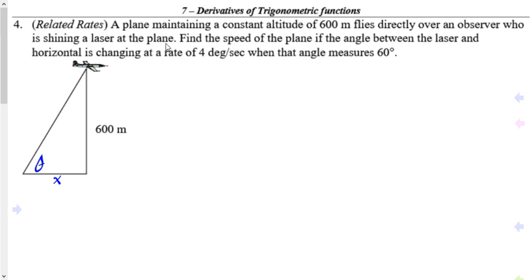We want to find the speed of the plane if the angle between the laser and the horizontal is changing at a rate of 4 degrees per second. We're interested in all of this happening when we know this angle is 60 degrees. So at that instant in time, how fast is this plane traveling?